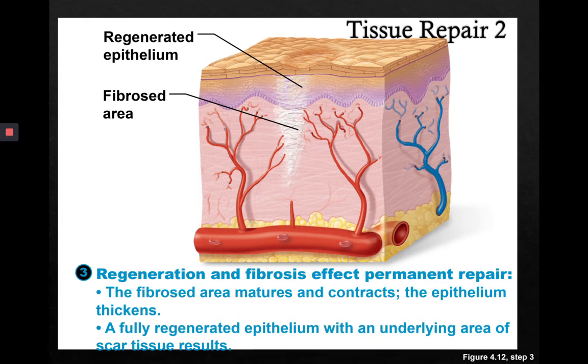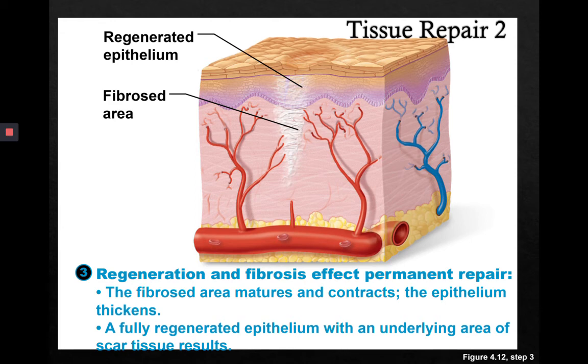Then we had organization, which reformed blood supply. And then last, there's going to be regeneration and fibrosis, or if we're looking at a simpler injury, maybe just regeneration or maybe just fibrosis. So the fibrosed area would mature and contract in order to bring the healthy layers back together. But in a fibrosed scar tissue area, again, that tissue is never going to fully regenerate or have the same function.